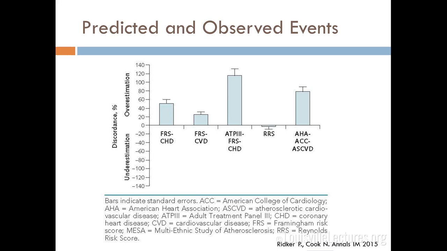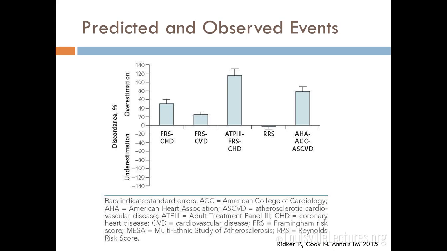So when we looked at all the events that were there and how many of these risk scores predicted, almost all of them, except for the renal score, significantly overestimated how many events we should have been seeing in these cohorts. You see here the original Framingham, about 60% overestimation. The Framingham cardiovascular disease score did a little better in the total population.